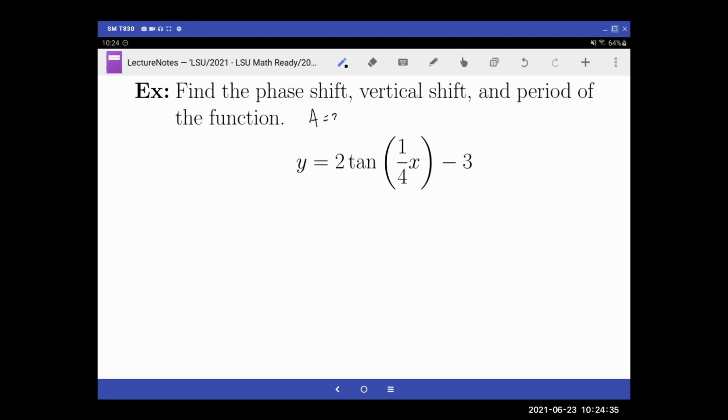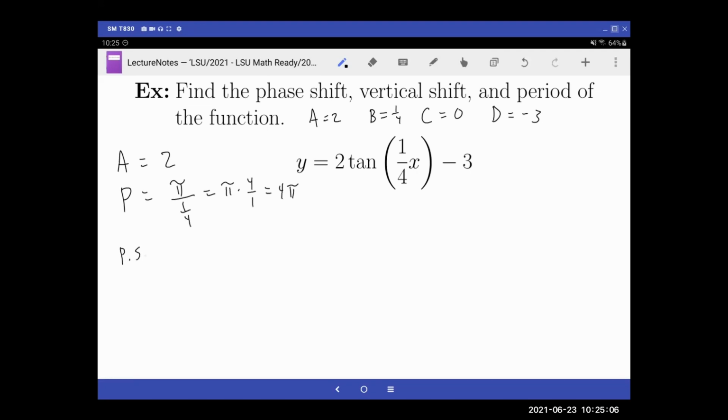A is 2, B is 1/4, C is 0, right? There's nothing added after the x. D is -3. So my amplitude, A, is 2. The period is pi divided by B. That's pi times 4/1, which is just 4 pi.